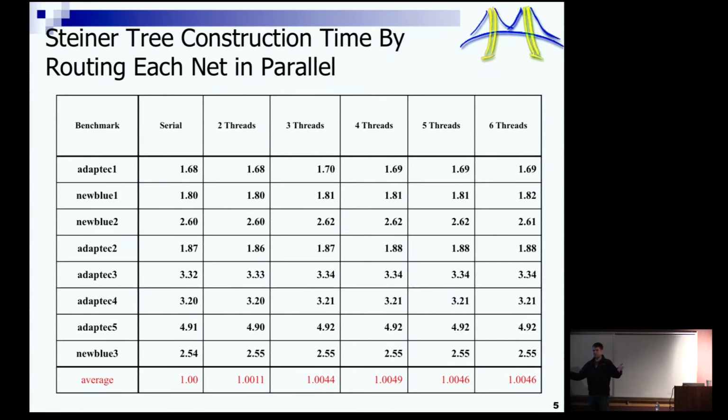There's tons of nets in a circuit, and you want to come up with a routing. So he added threads, and this is the speed up down here. It's pretty much no speed up. Even with 6 threads, you're not getting a 6x speed up. In fact, you're getting a 1.01x speed up. So this motivates why we want to think about the problem differently.